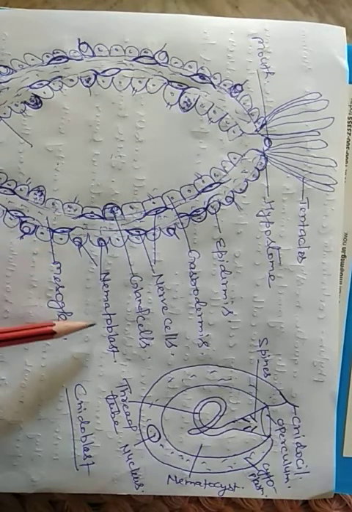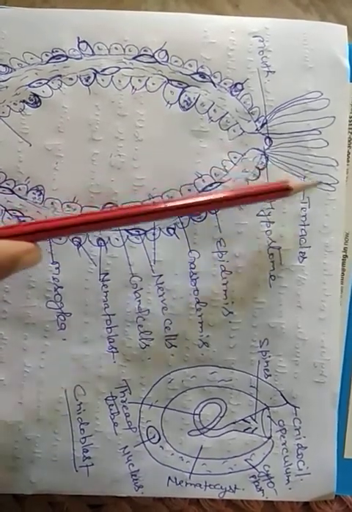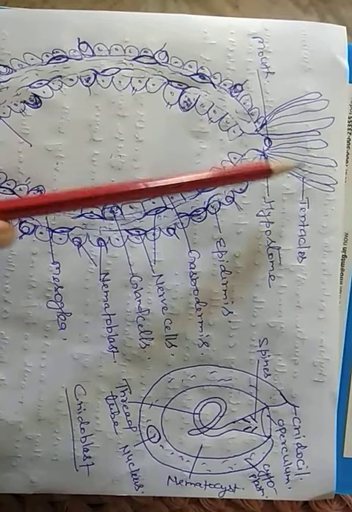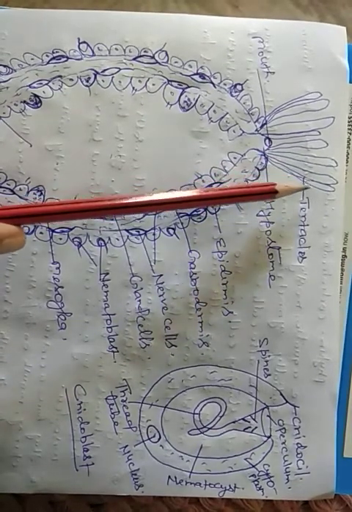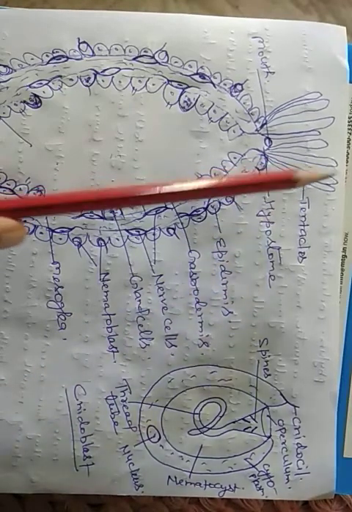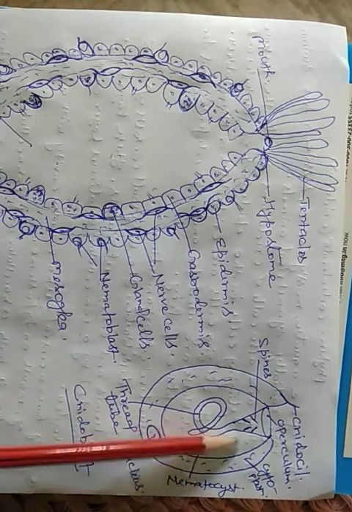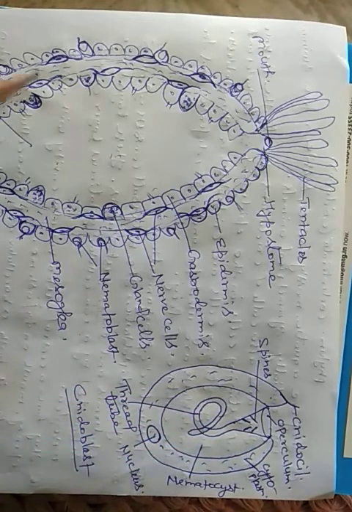The number of cnidoblasts is much higher in the epidermis of tentacles, where a group of them is called a battery of cnidoblasts or nematoblasts.